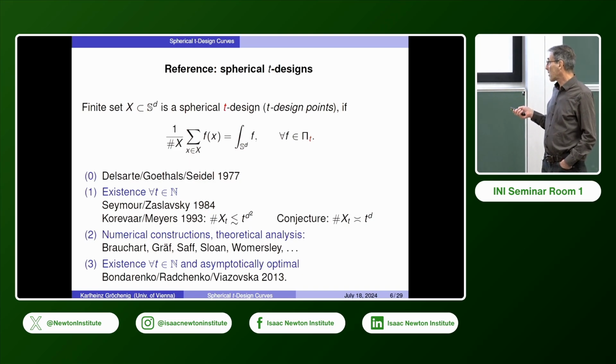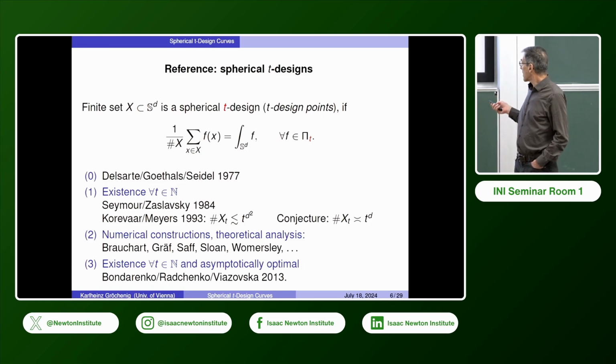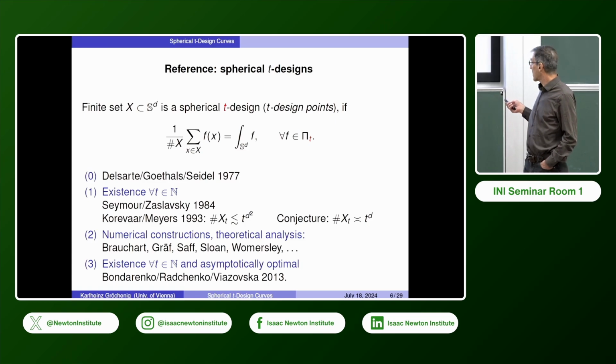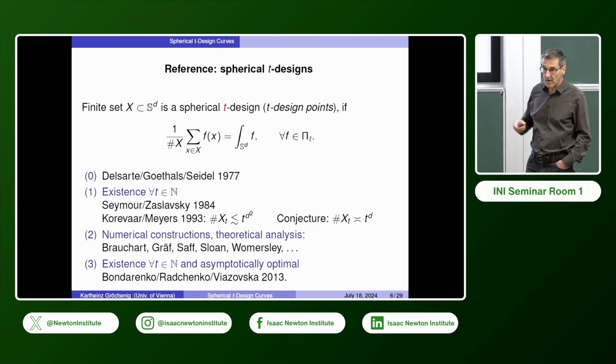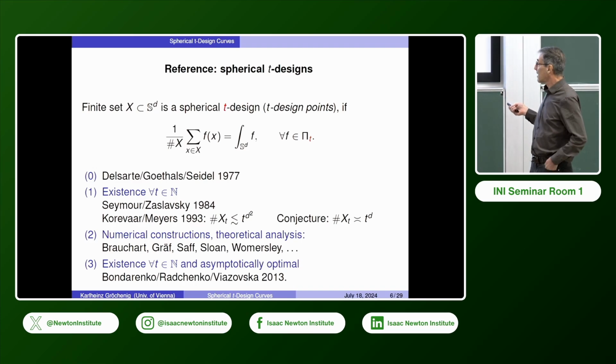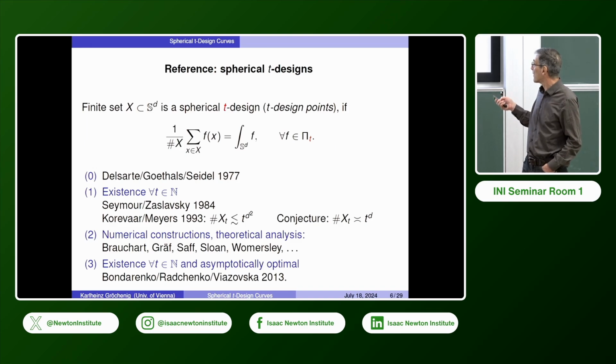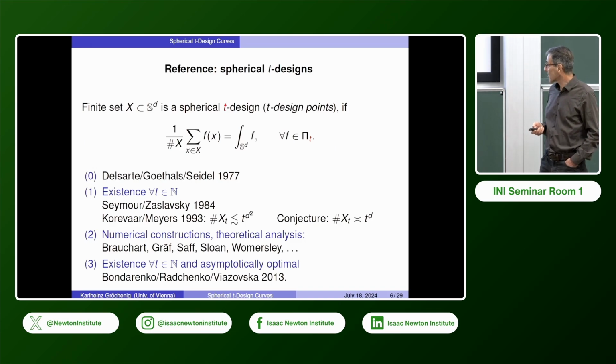What's important is, the question is, how many points do you need? And one of the important conjectures was that the cardinality of a t-design is of the order t to the d. The rule of thumb is that t to the d is the order of the dimension of the space of algebraic polynomials.